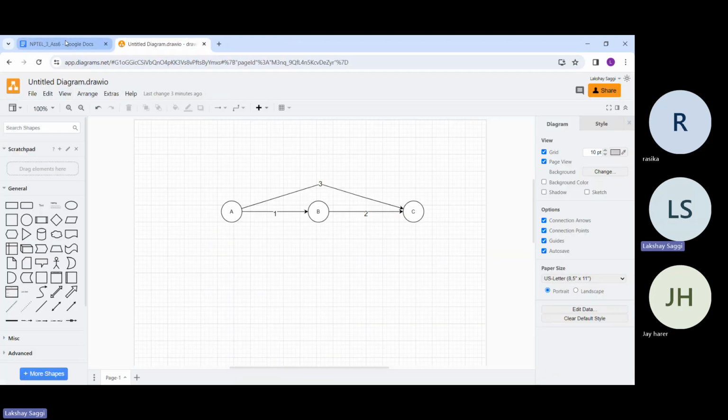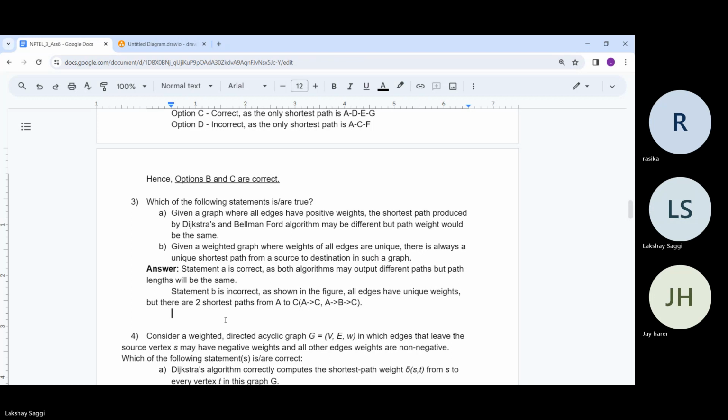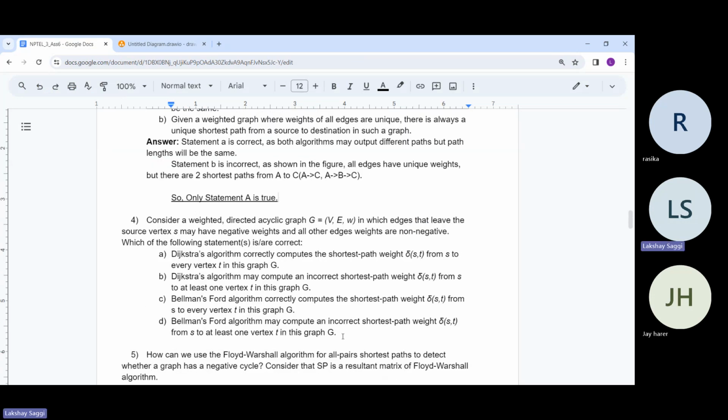These are just A to C and A to B to C. So that's why only statement A is correct. So only statement A is true. I'll attach this diagram in this document later. For now, let's move on to the next question.